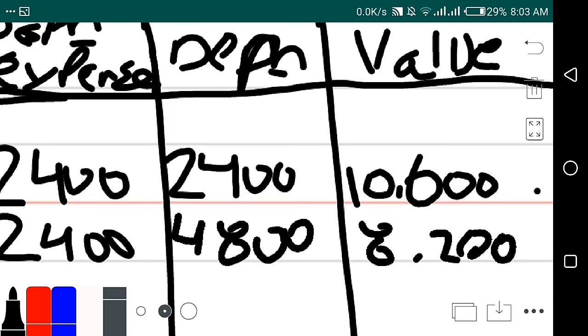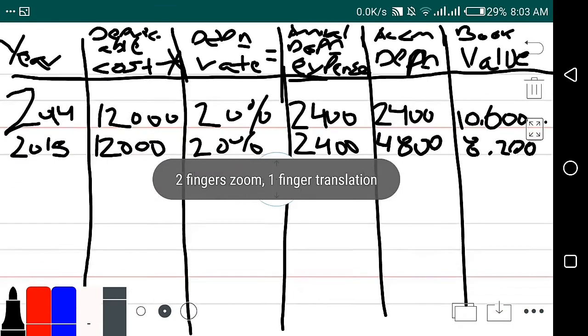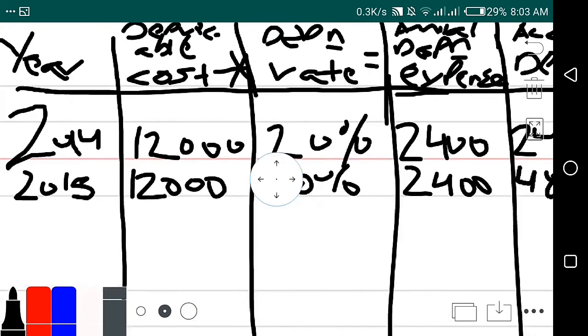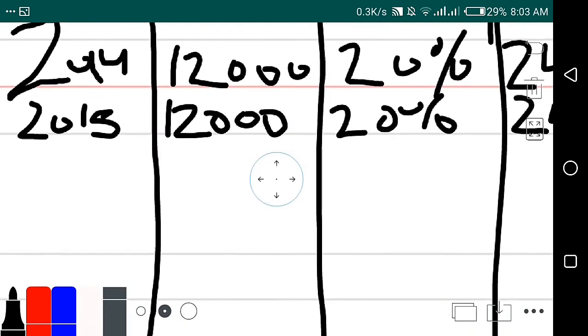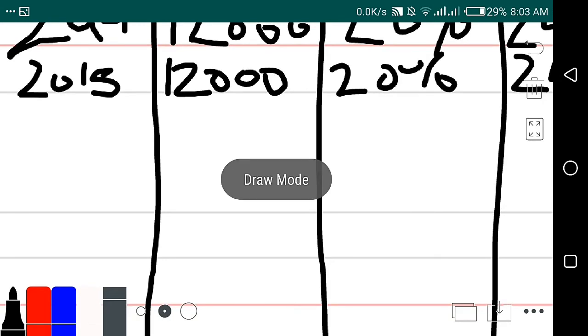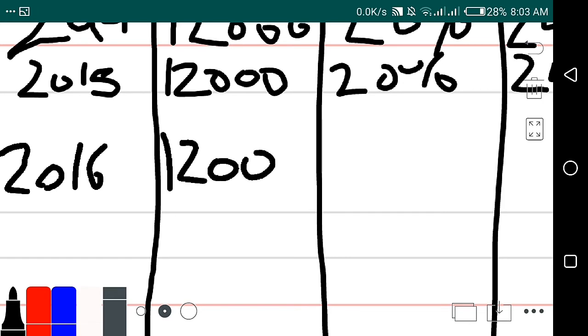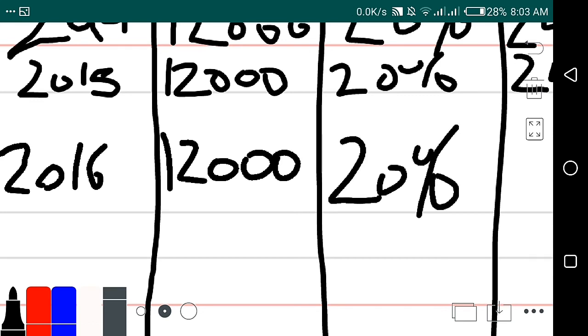Now we are going to calculate for 2060. In 2060, the depreciable cost is again 12,000. It's not changed. And the depreciation rate is 20%. It is also the same.